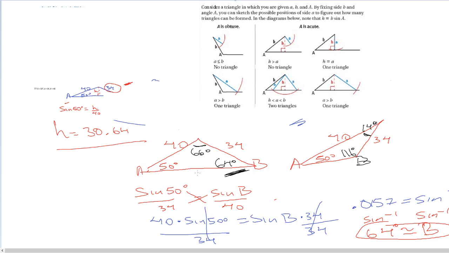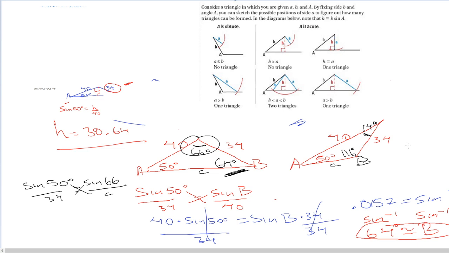And how do we find this third side? Let's call this side C. We do, again, the law of sines. So sine of 50 degrees over 34 is equal to sine of 66. Now that we have the angle, over its opposite side, cross multiply to find C.